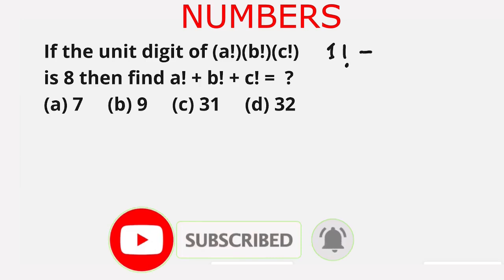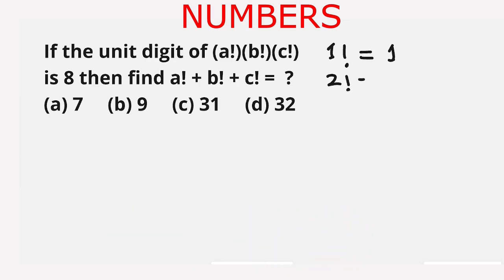1 factorial equal to 1, 2 factorial equal to 2, 3 factorial equal to 6, and 4 factorial equal to 24. And the product of factorials beyond that will have unit digit 0. So multiplication of any number more than 4 factorial will give the unit digit 0. So it can be only out of these 4 factorials: 1 factorial, 2 factorial, 3 factorial and 4 factorial.